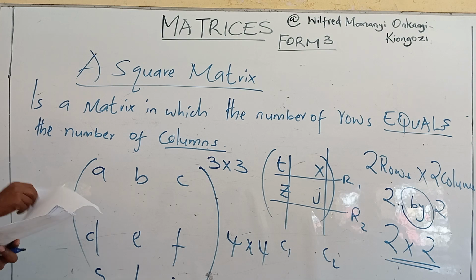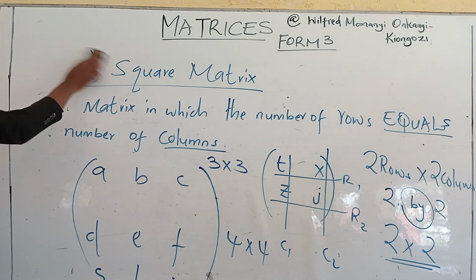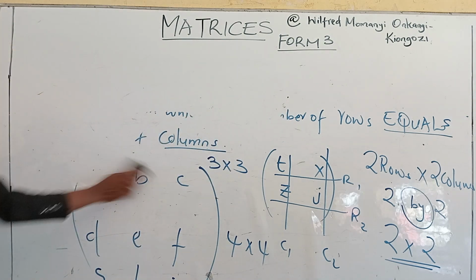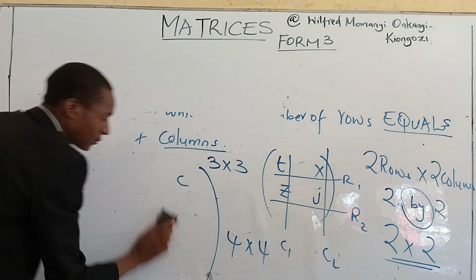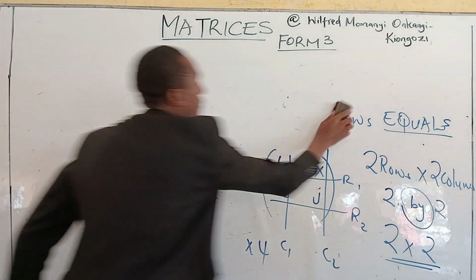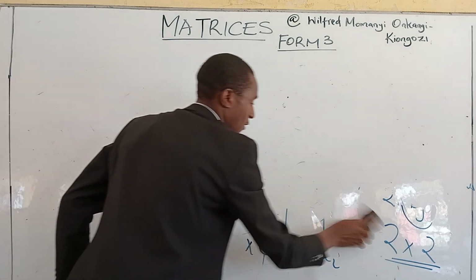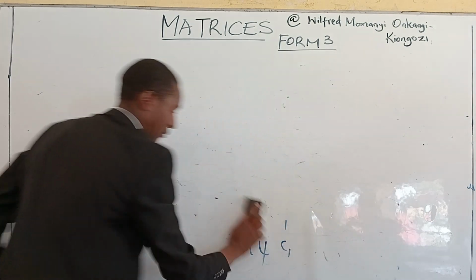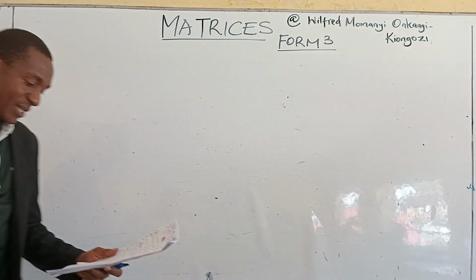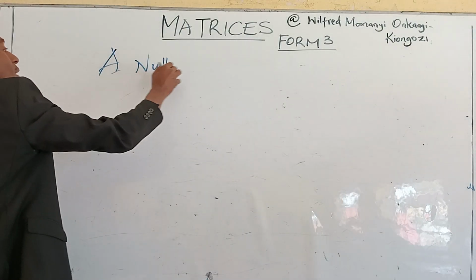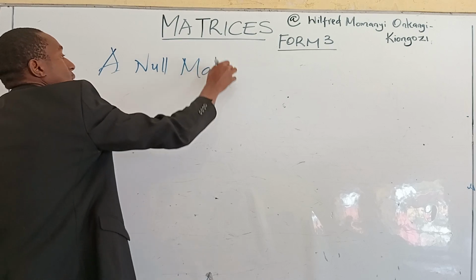Our last type of matrix is the null matrix.